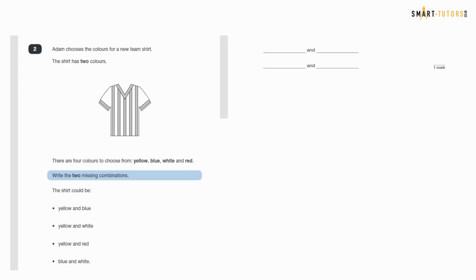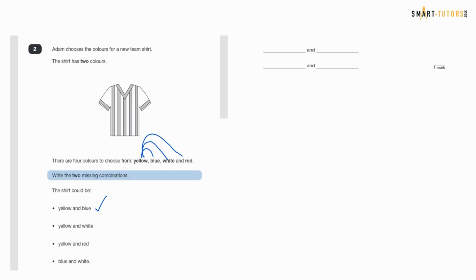So, just saying, in this question, you do not need to do a lot of working out. Well, no working out at all. So as they said, the shirt could be yellow and blue, yellow and white, yellow and red, and blue and white. So that means we have some combinations left.